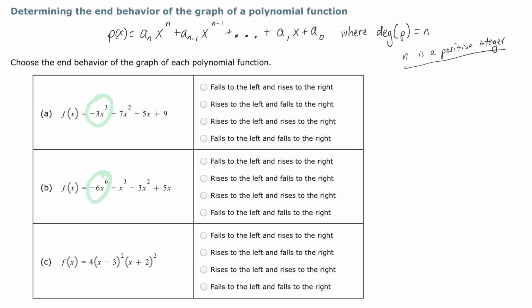For part C, it's a little bit tricky, but you could see that f of x is going to be similar to something. And what is f of x going to be similar to? f of x is going to be similar, that's the similar symbol, to 4 times x to the 4th power. Now I don't need to expand the entire thing to see that.